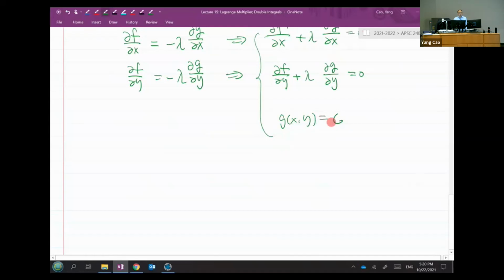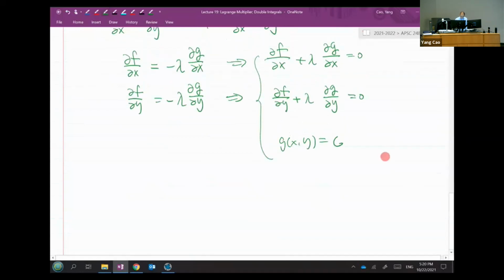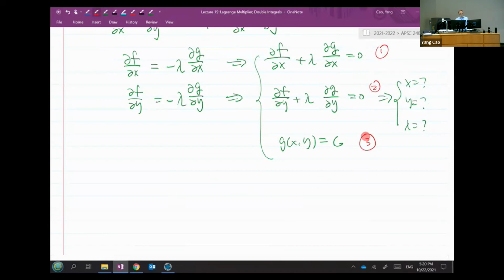So now you have three equations and three variables, and you'll be able to solve for x, y, and lambda. Technically, you can get lambda too. Let's call these equations 1, 2, 3. With these three equations, we'll be able to get the critical location traced out by person B.